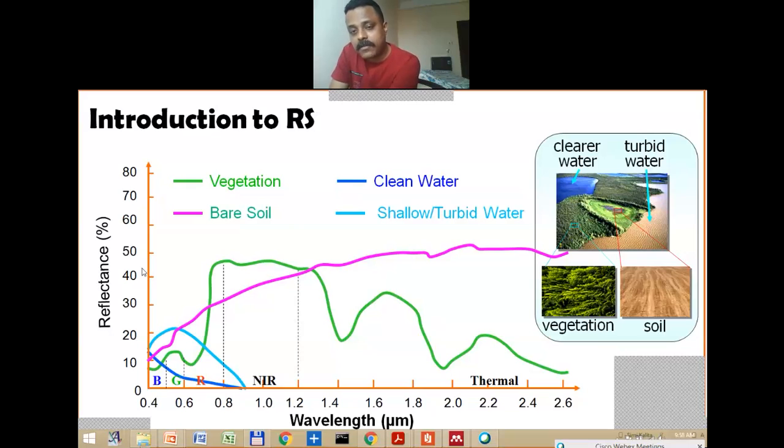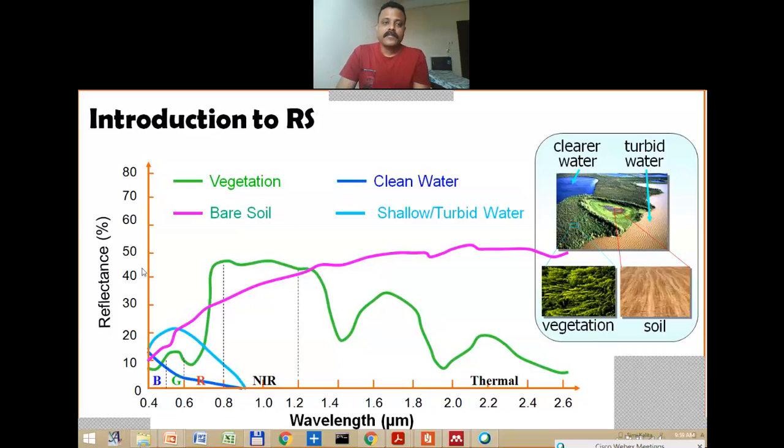If you somehow can capture this information, you can see all the leaves exhibiting an entirely different kind of story. We normally cannot see that with our naked eye, but at least we can build sensors which can capture this information.